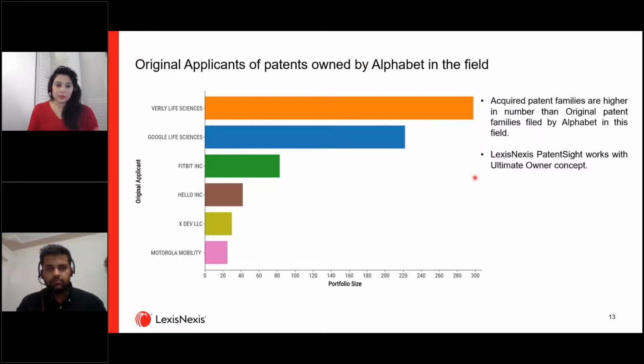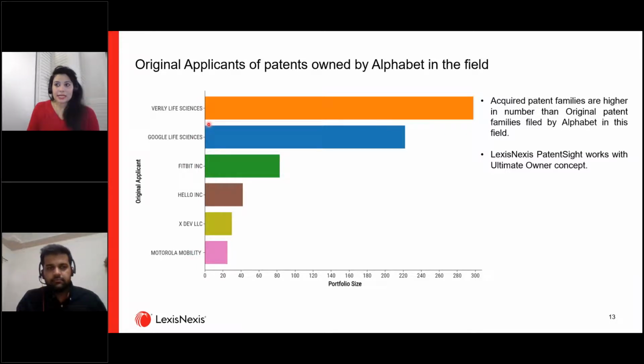Now, the LexisNexis patent site works with the current ultimate owner concept. So that's why you find that these patents were originally filed by different applicants, as well as the original applicant being Alphabet, this is the Google Life Sciences, which is Alphabet's own inventions, under the ownership of Alphabet in the patent site. The first thing that comes to mind is we have ranked them by the number of patents originally applied for by these different applicants.